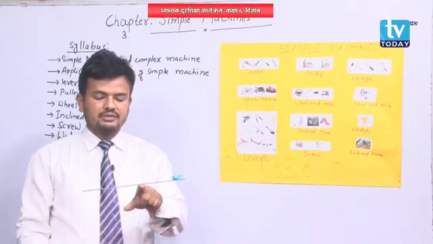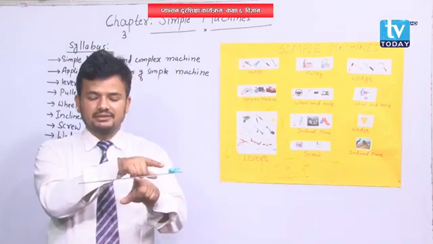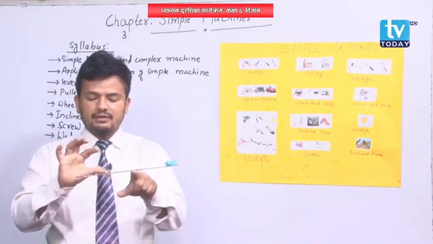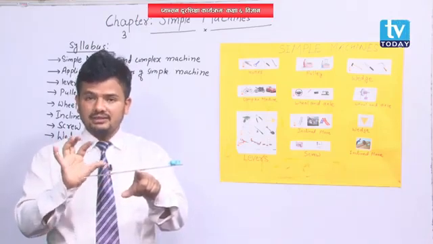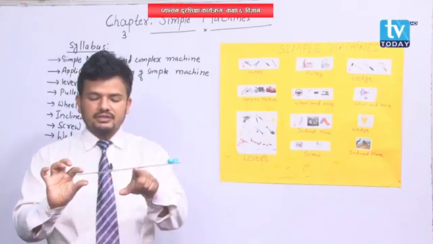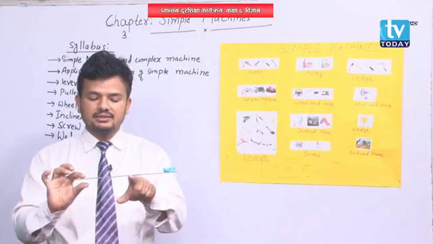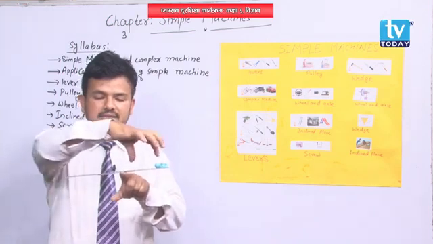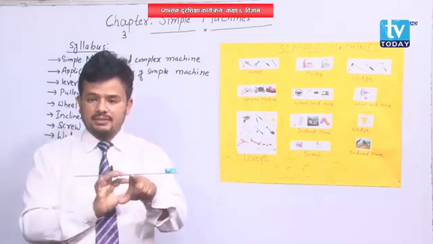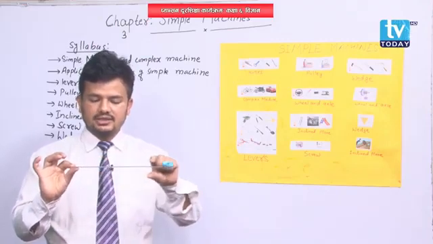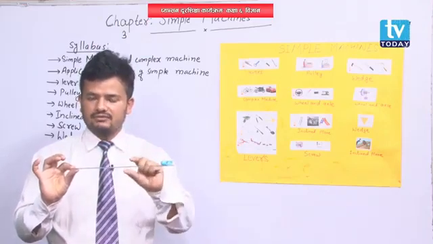See, the load is lifted without using much effort, because a lever also multiplies the effort. But if you bring this to this side, then it won't be balanced. To balance it, you have to make this distance less and this more, so it can be balanced. This is called a lever. A straight scale is also a lever.